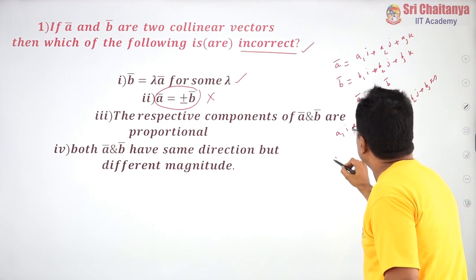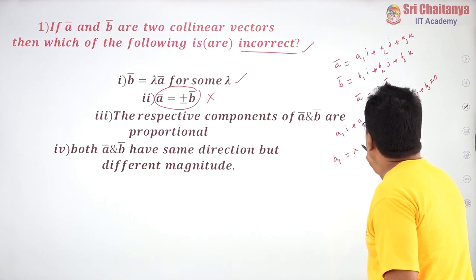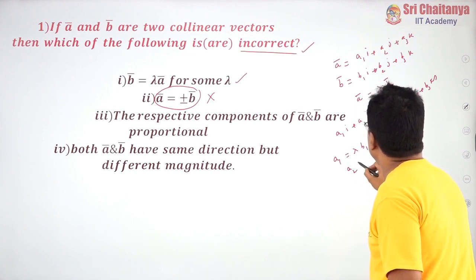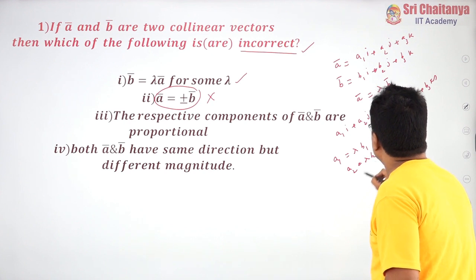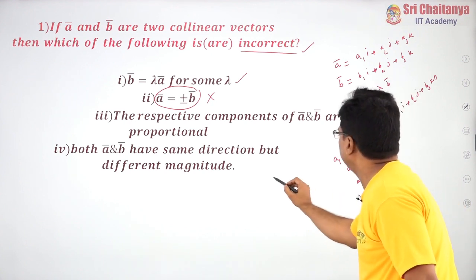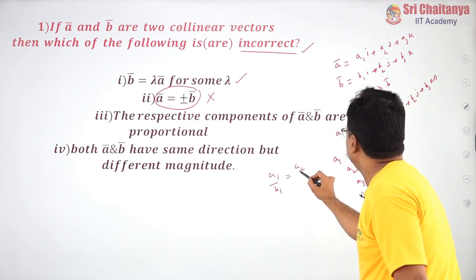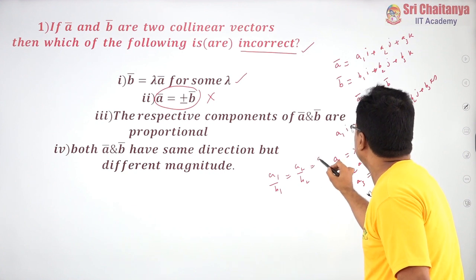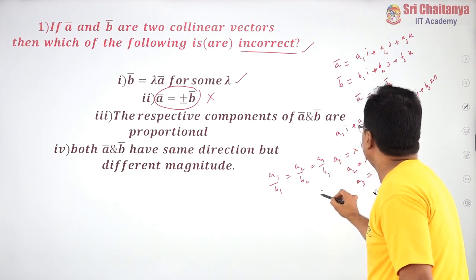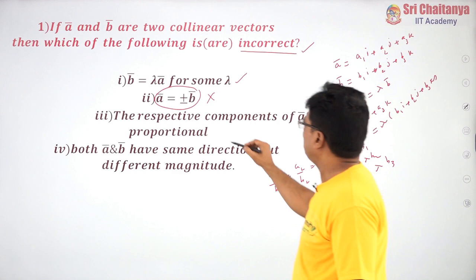So here A1 equals lambda B1, A2 equals lambda B2, A3 equals lambda B3. So what I am going to say is A1 by B1 equals A2 by B2 equals A3 by B3 equals lambda. They are proportional. Yes, absolutely, this is right.